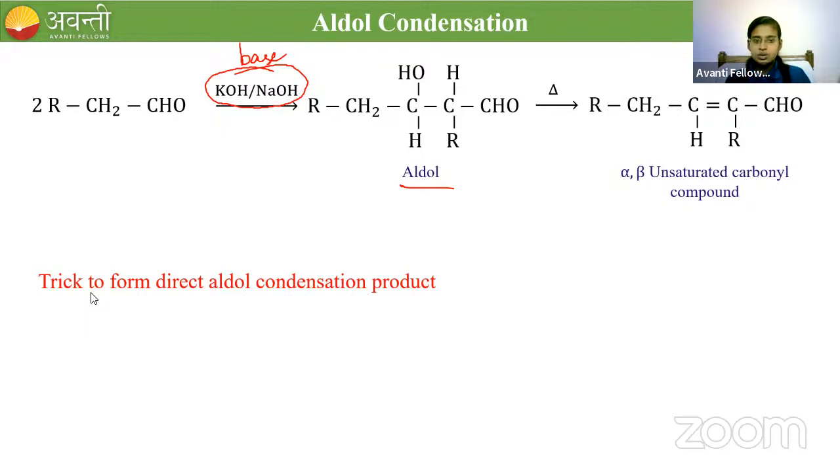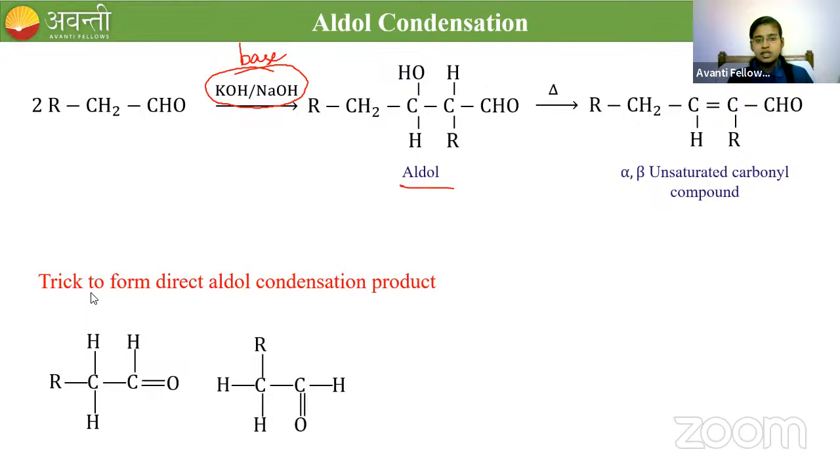First, draw the 2 molecules of aldehyde or ketone like this. Here we have our CH2CH, and this is our CH2CH. Now remove oxygen from one molecule and 2 alpha hydrogens from the other molecule.